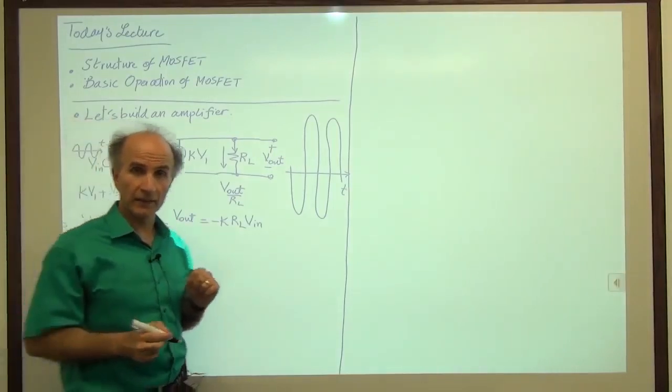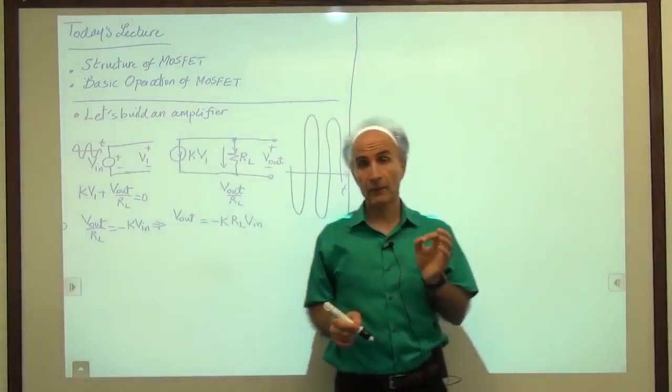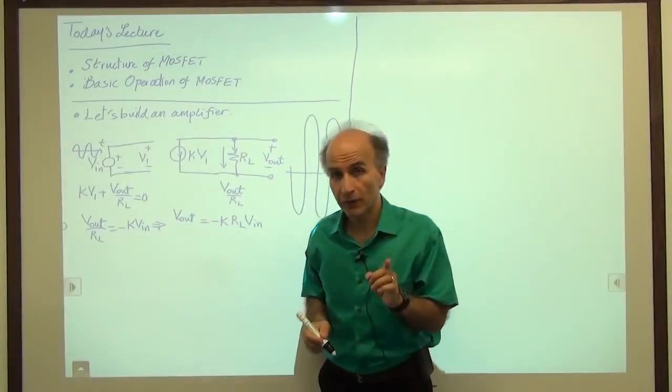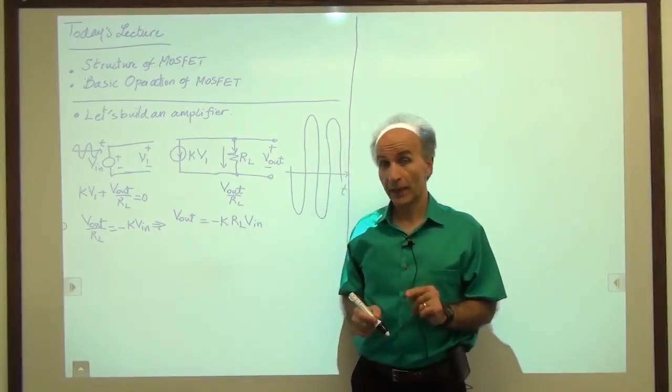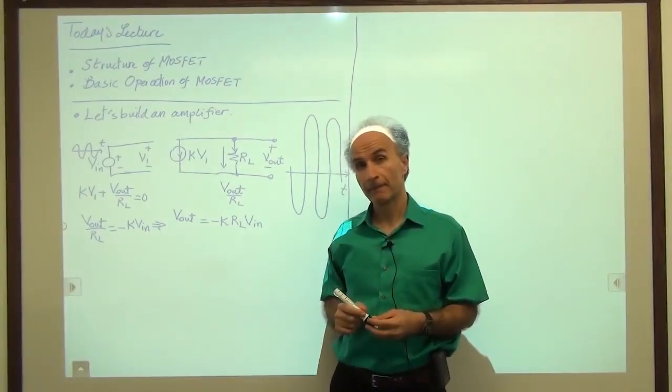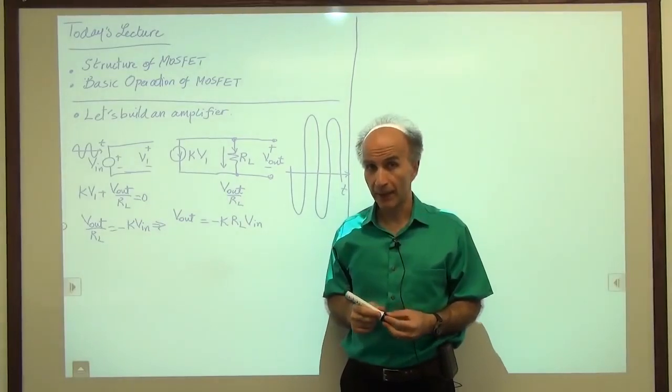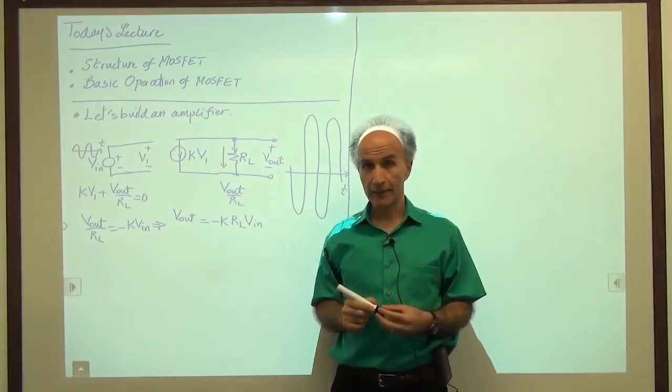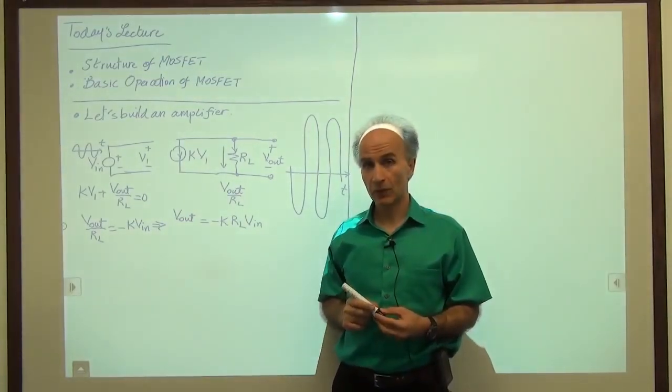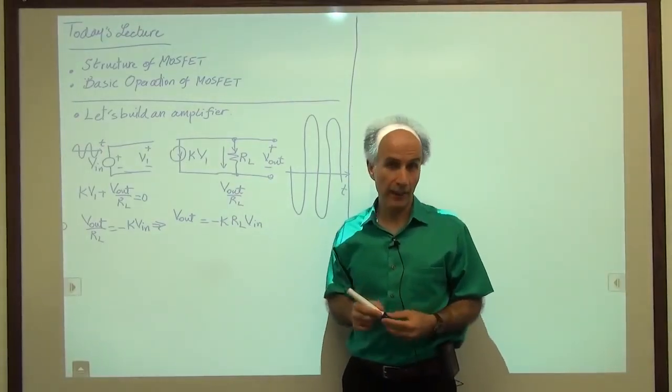So the point of this exercise is to say that if we have a voltage-dependent current source, we can build an amplifier. And as we will see, a MOSFET, a MOS device, can operate as a voltage-dependent current source and can give us amplification.